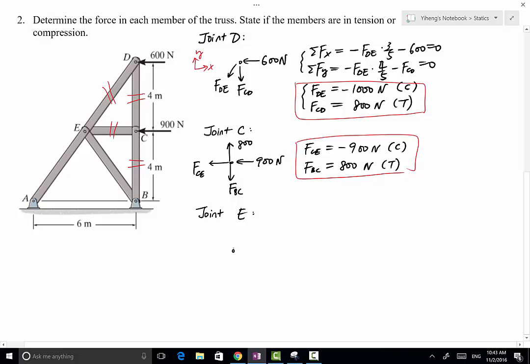We have the known force FDE, that is negative 1,000, so compressive 1,000 Newton pointing towards the joint at point E, and this is the compressive 900 Newton from FCE, and then our two unknowns, here we have FAE, and then we have FBE.